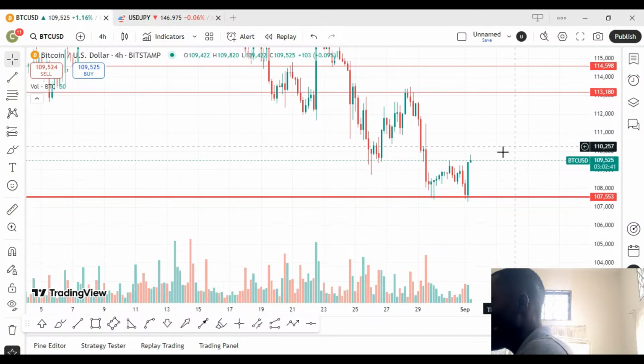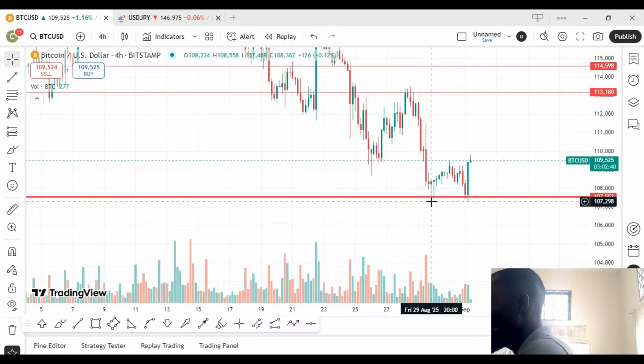You see, at the 4 hour time, this is what we call a double bottom. When a double bottom is formed, we have one bottom, we have another one, and the market moves strongly to the upside.